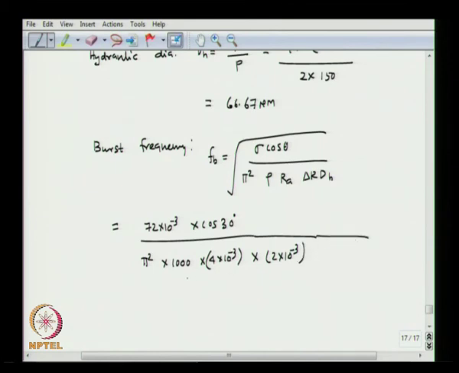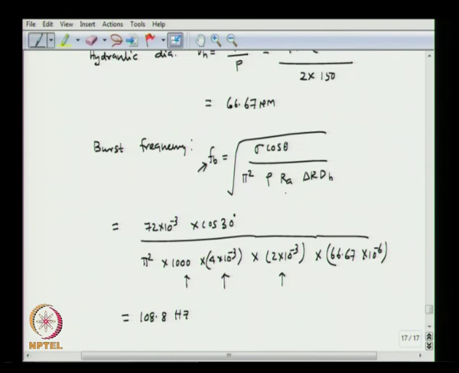This is the density, this is the average location, this is the length of the column, into 66.67, the hydraulic diameter, into 10 to the minus 6. So, that will be about 108.8 hertz.